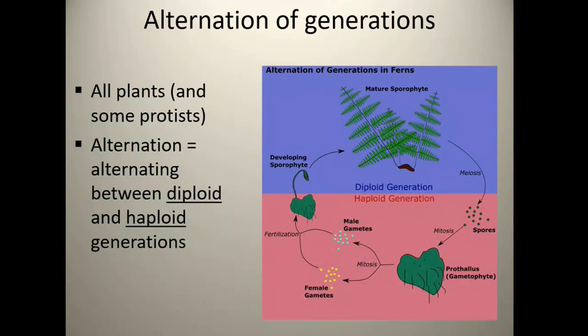So alternation of generations is divided into diploid generation and haploid generation, where you see, for example, a pure example here, a mature sporophyte, and here a prothallus of a gametophyte, where there's a process of meiosis and a process of mitosis.